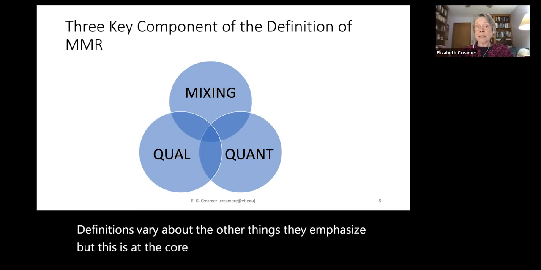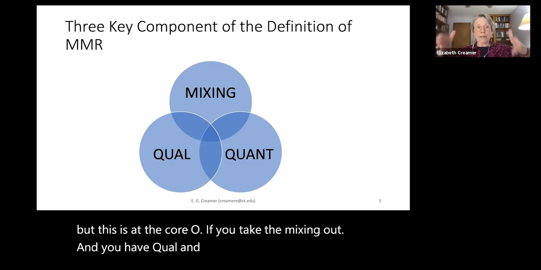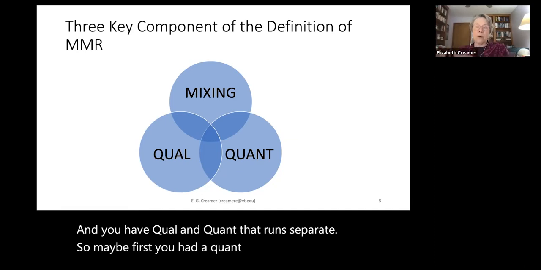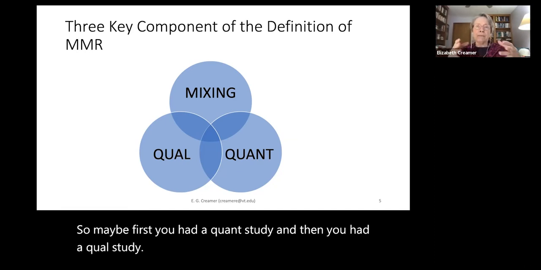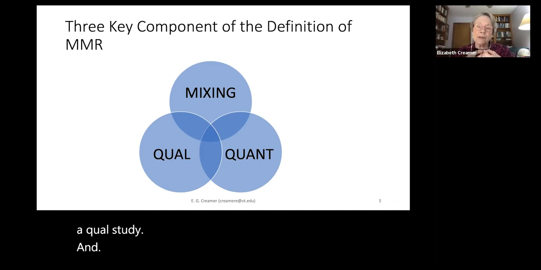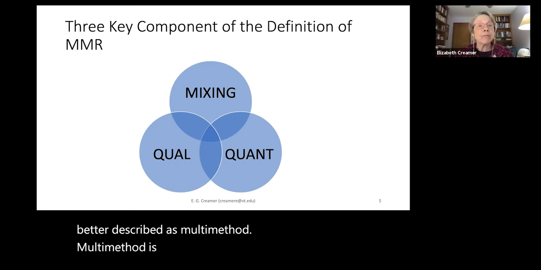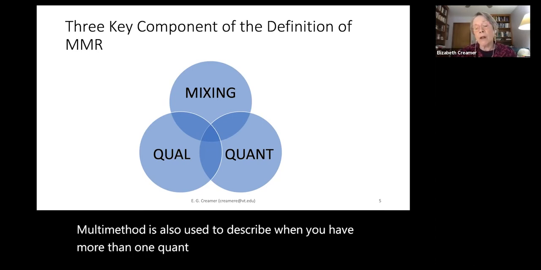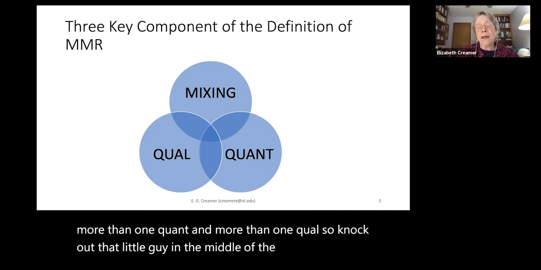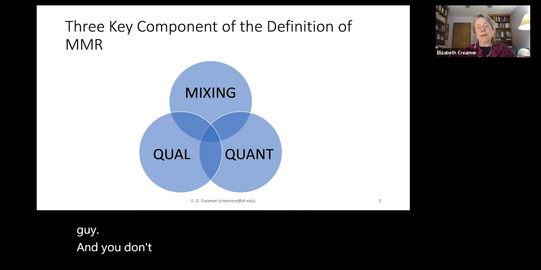If you take the mixing out and you have qual and quant that run separately, so maybe first you had a quant study and then a qual study, and they're not significantly or meaningfully linked, that's better described as multi-method. Multi-method is also used to describe when you have more than one quant and more than one qual. So knock out that little guy in the middle, the mixing guy, and you don't really have mixed methods.